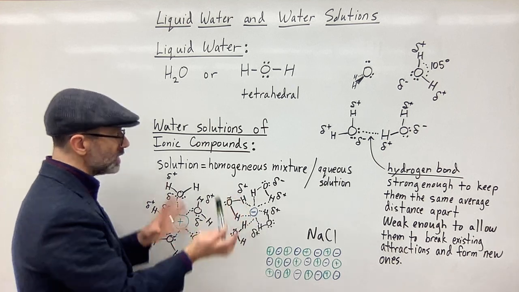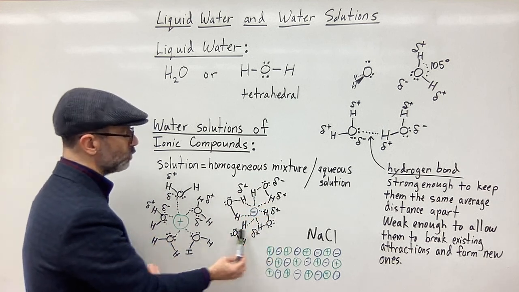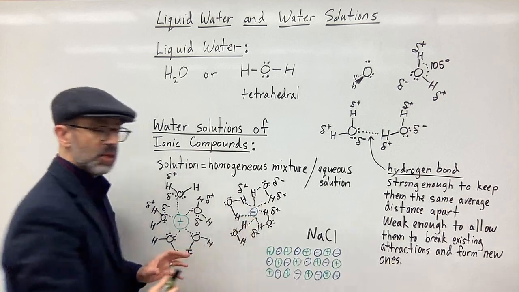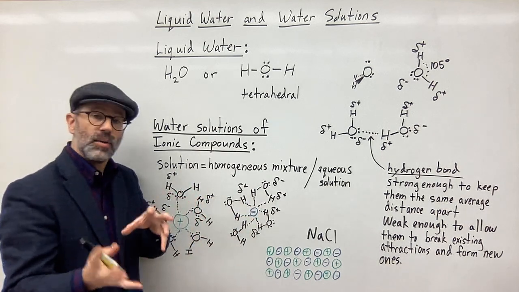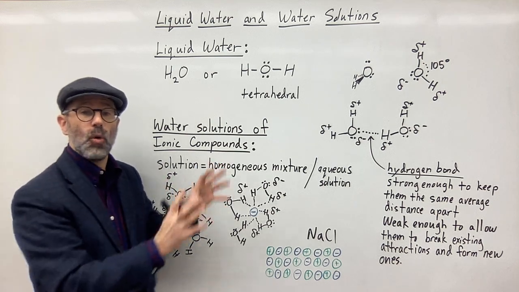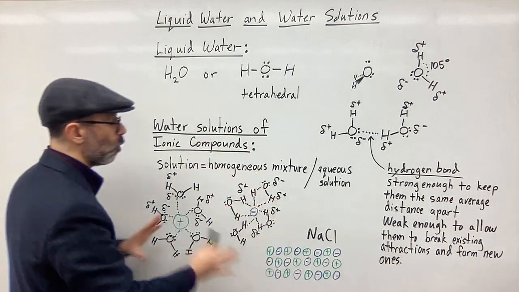So they are positioning themselves such that the positive side of the molecule is facing towards the negative ion here. And so it encapsulates it, and then through the motions, it moves it away, right? So again, this is within water, right?